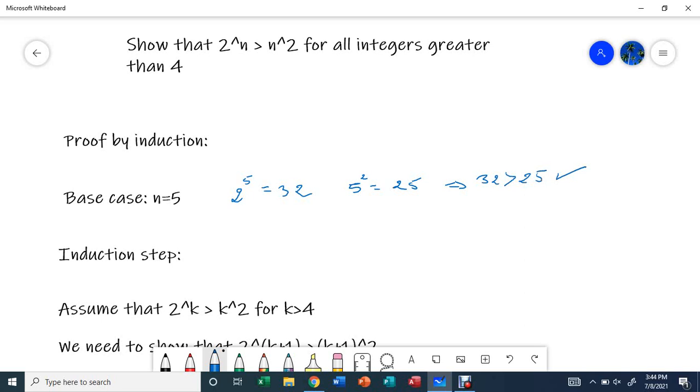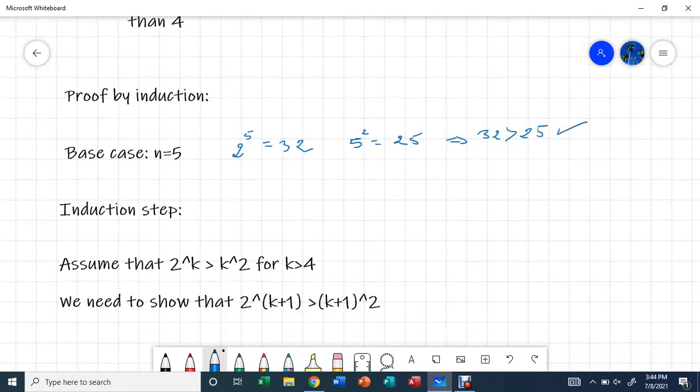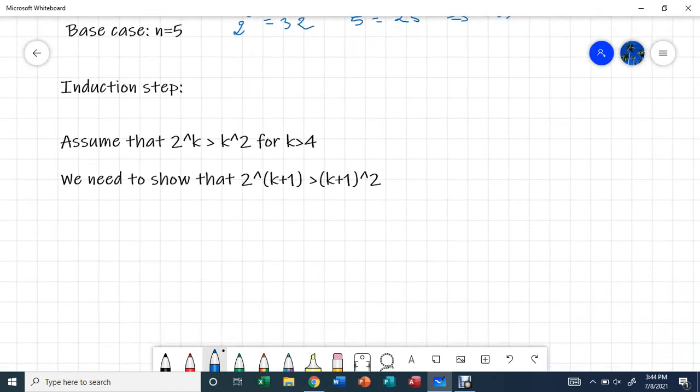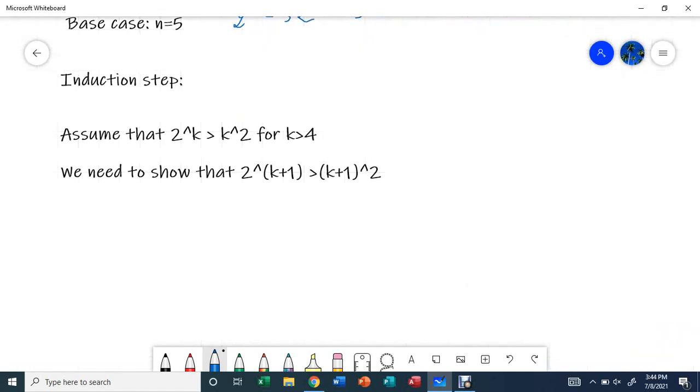So now let's move on to the induction step. We're going to assume that 2 to the k is greater than k squared for all integers greater than 4, and we need to show that 2 to the k plus 1 is greater than k plus 1, the whole thing squared. So let's do it. 2 to the k plus 1 is the same thing as 2 times 2 to the k.